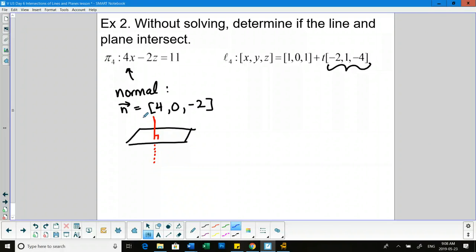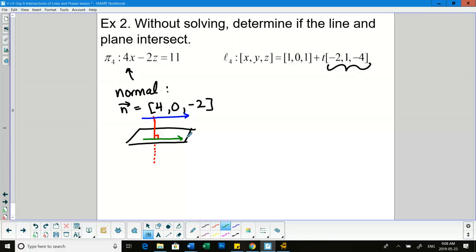That's correct. Okay, so if I have a line that's either floating above my plane or a line that's inside my plane, those lines, if they're parallel with my plane, they are perpendicular to the normal. So if I dot the direction vector of my line with my normal vector from the scalar equation of the plane, I should get 0 if my line is parallel.